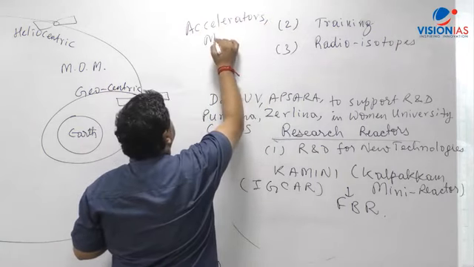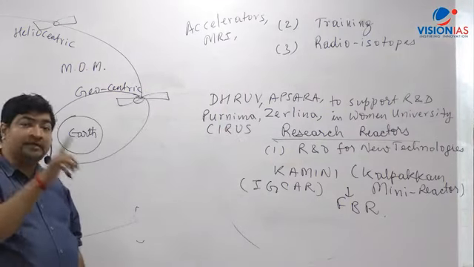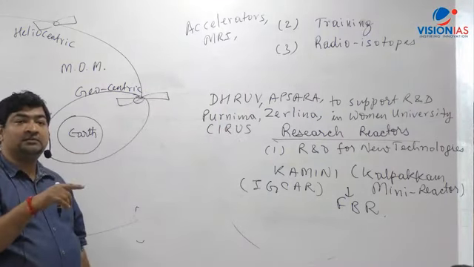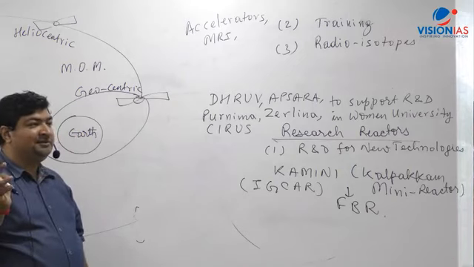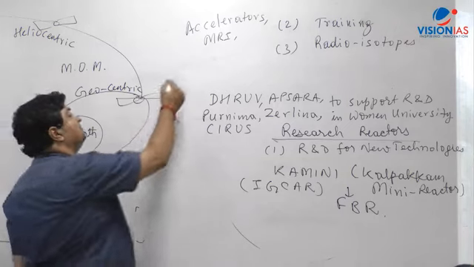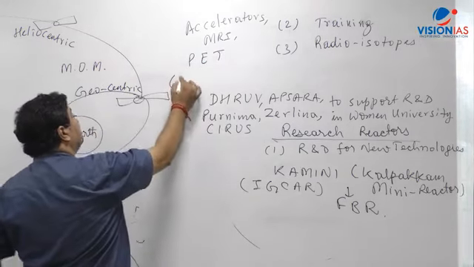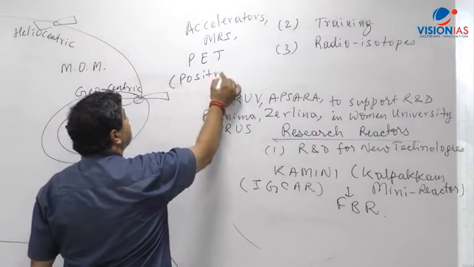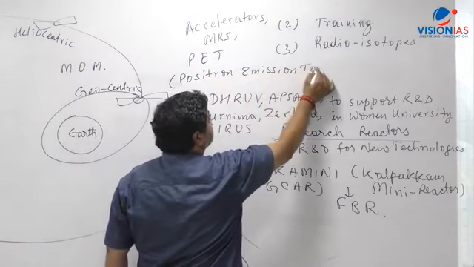Then the example is MRI. I'll give you one more name of an instrument which is used in nuclear technology, in terms of nuclear medicine, like scanning of the body. One is a CT scan, but the nuclear technology based one is called PET. What does PET stand for? I'll write the full form. Positron emission tomography.